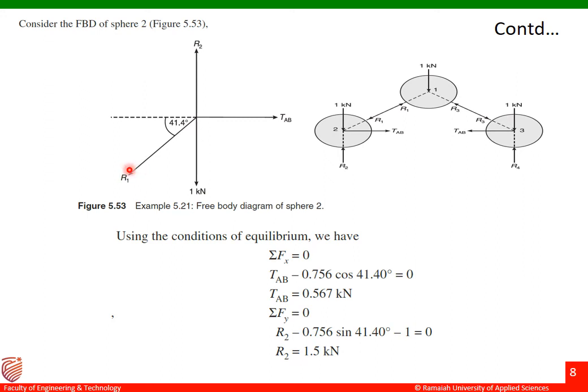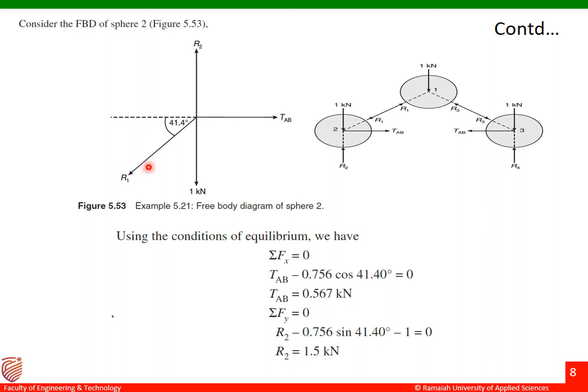R1 is the inclined force, so we have to write the y component of R1. First we'll write plus R2 minus 1 kilonewton, then minus R1 sine 41.4 degrees, is equal to 0.